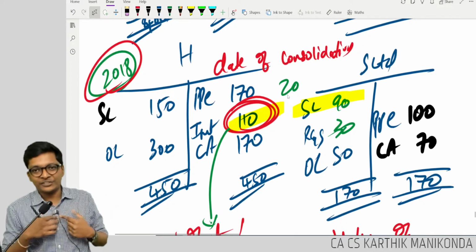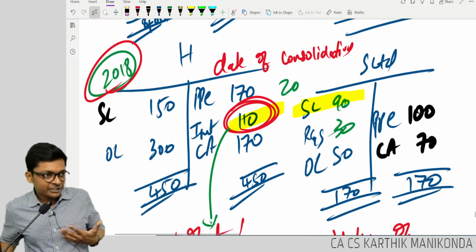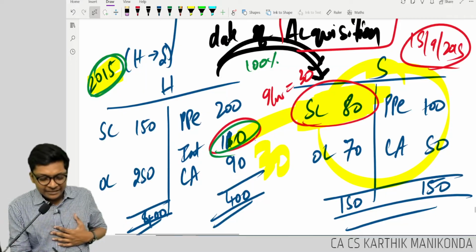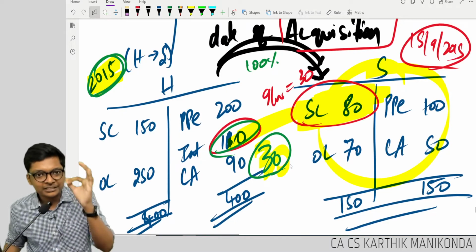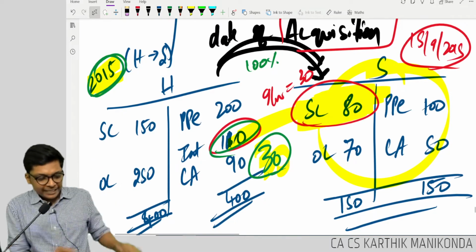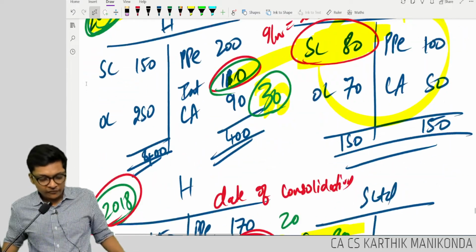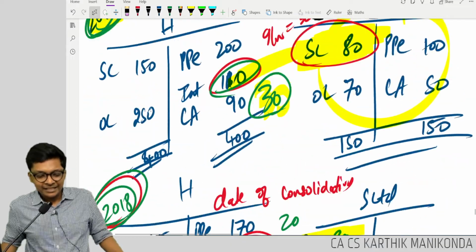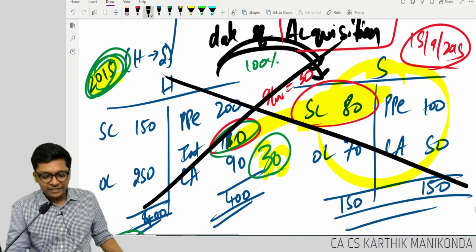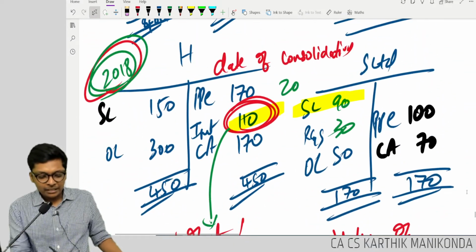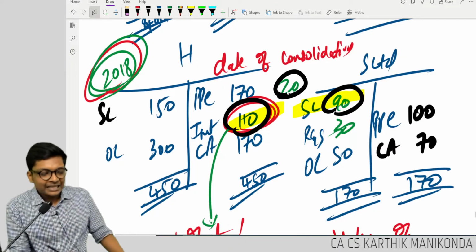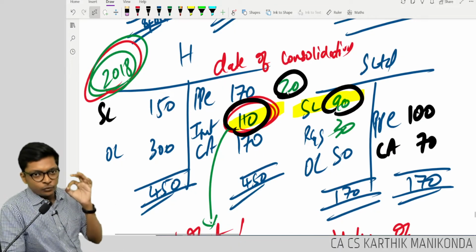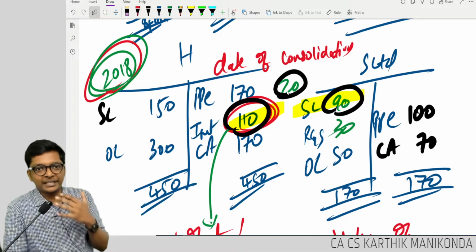Are you following my question, guys? Are you getting the question? I want you to think, should I compare with this and say no sir, goodwill is 30 only, take 2015 comparison for the year 2018, or in the year 2018 forget about 2015 and compare 110 with 90 and say goodwill is 20. If you get this, half the chapter is over, guys, logically.